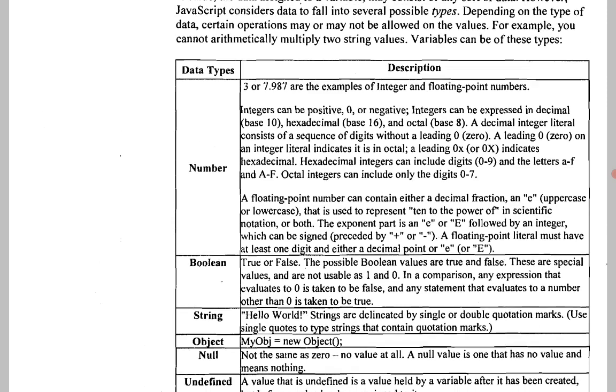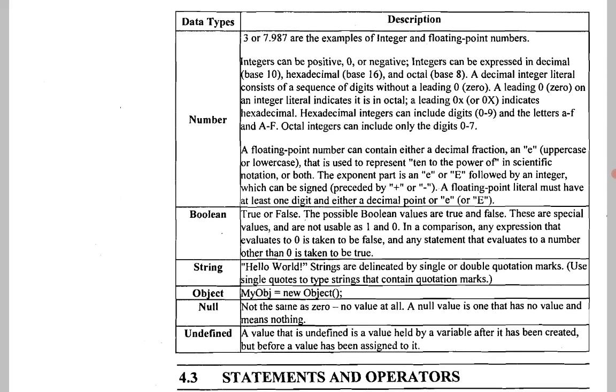It is a compulsory essay type question from unit 3, that is JavaScript. So what are the different types of data types available? Number, boolean, string, object, null. So there are 5 types of data types used. First is number, second is boolean, third is string, fourth is object, and fifth is null.